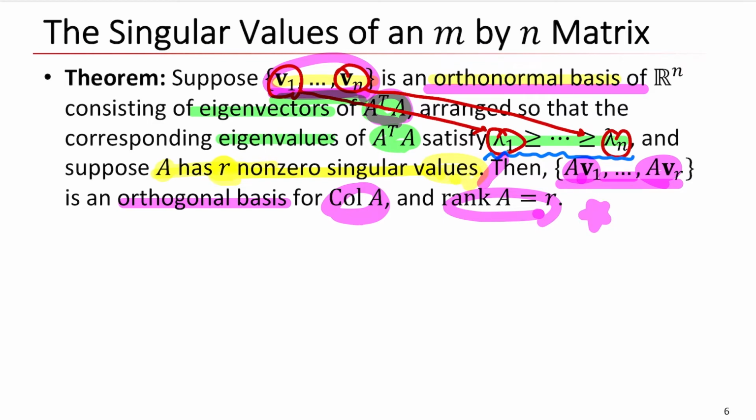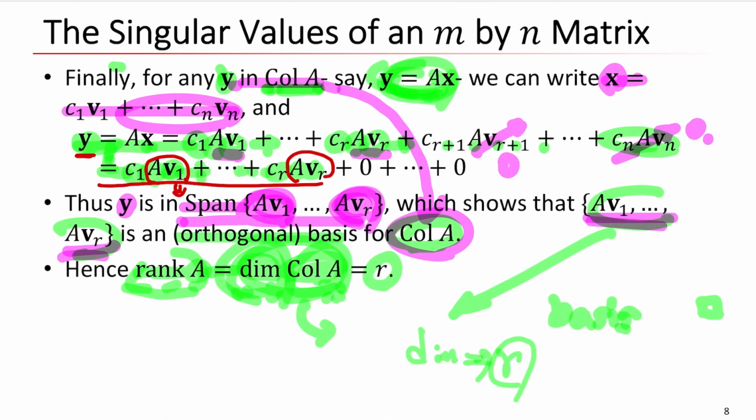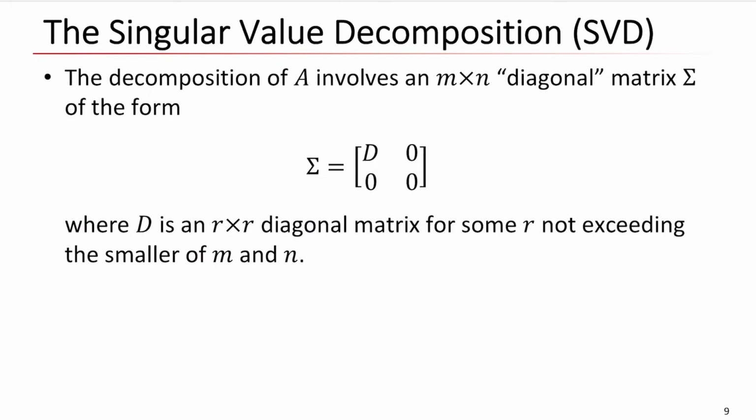At this time you might not understand the meaning of this, but by using this theorem, we will derive the singular value decomposition technique, the singular value decomposition algorithm. Okay, so let's do that.